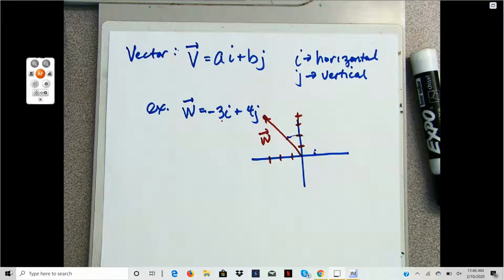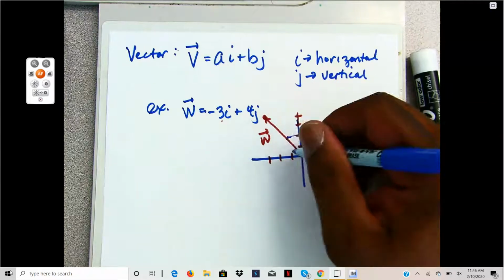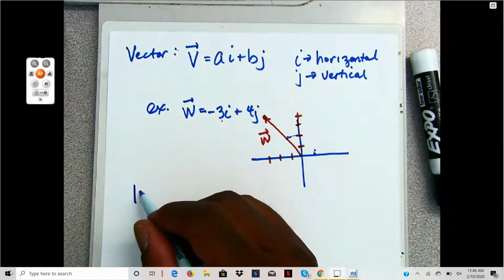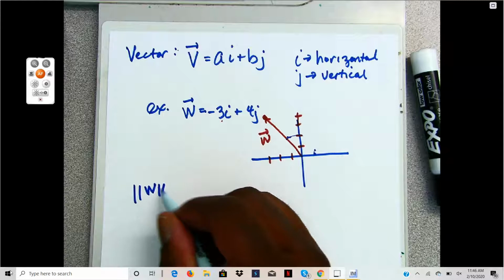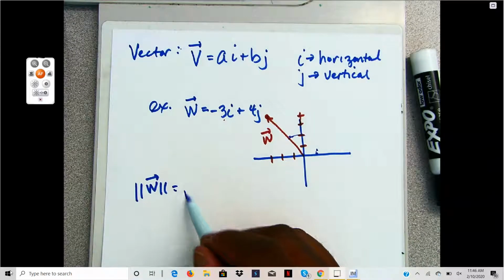All right, so what's the magnitude of this vector w? The magnitude of w is equal to the square root.